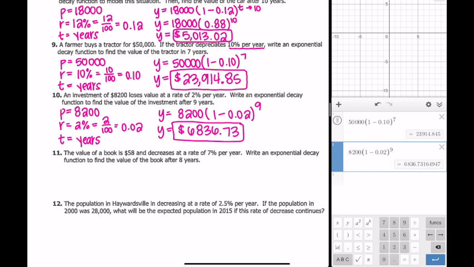Number 11, the value of a book is $58 and decreases by 7% each year. Write an exponential decay function to find the value of the book after 8 years. So our principal amount is 58. The rate of decay is 7%, so that's 7 out of 100, and that's 0.07. Then we have T. Well, that percentage occurs every year, so our time is in years.